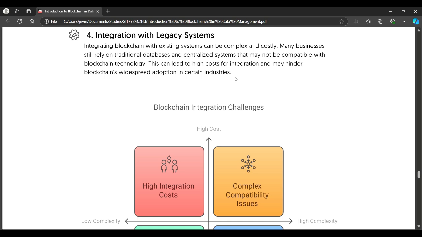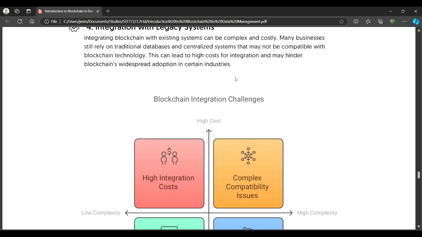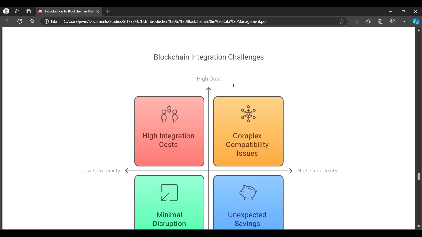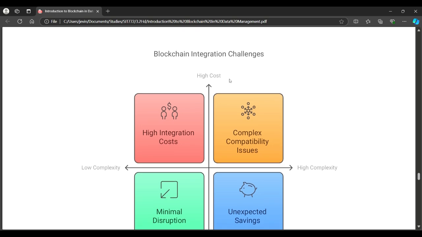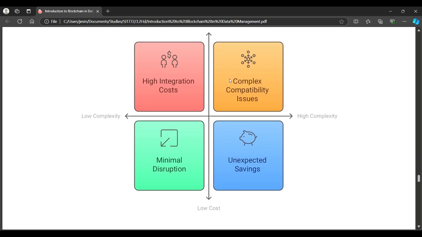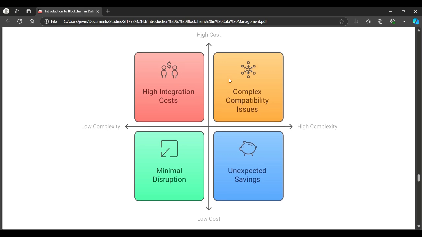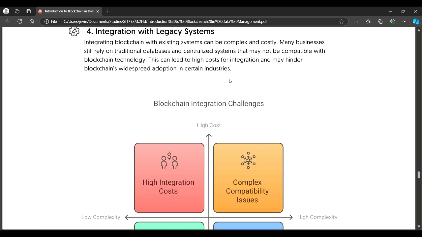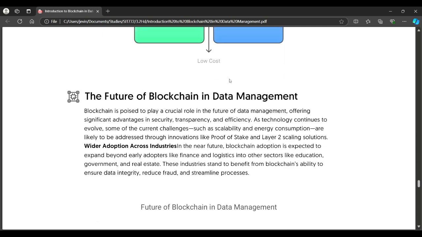Many businesses are using traditional databases rather than blockchain database management, because of the complex scalability and higher integration cost, which affects the businesses and expected savings and minimal disruptions. So this can lead to high cost for integration, and it hinders the blockchain's spread across the industries.